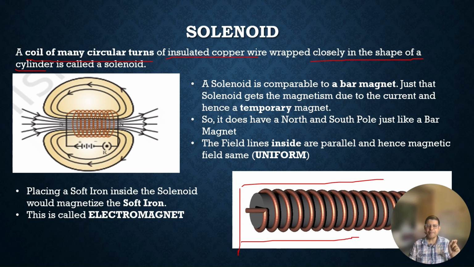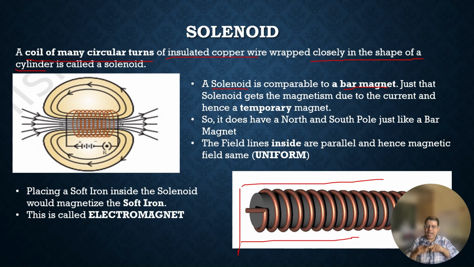Now solenoid behaves like a bar magnet itself. That means when you pass current into the solenoid, obviously there are multiple circular loops. So when you have multiple circular loops, there will be magnetic field in each of these loops. So the magnetic field in the center will appear like a straight line.